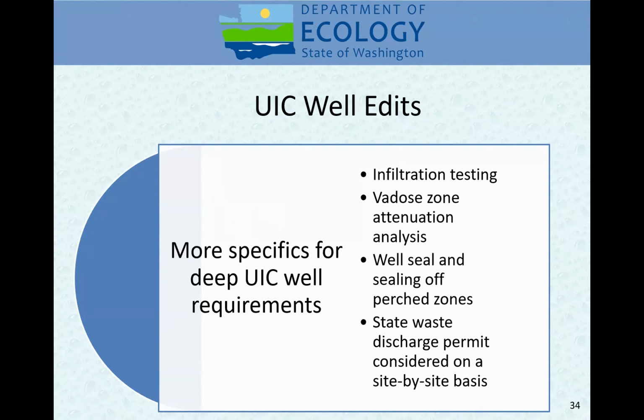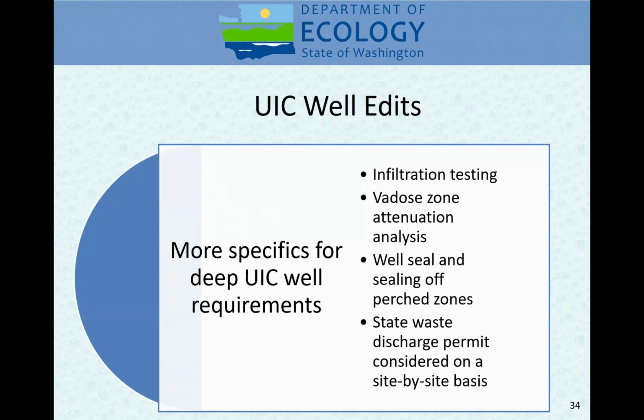So if you are building a deep UIC, there are many more specific things you have to do. You have to do an analysis of the vadose zone. You have to do sealing off perched zones, so you can't have water from a perched aquifer go into the UIC well through the confined aquifer and come out in the confined aquifer. You may end up having to have a state waste discharge permit.